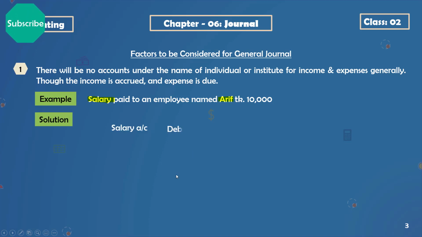So our journal must be salary account debit, cash account credit for taka 10,000. Because we never have to write the name of the individual or institution. Rather, we have to write the name of the expense or revenue. Here the name of the expense is salary, so we wrote salary account debit, and we know we pay any expense mainly through cash, so we credited cash account, and that's why the journal is recorded this way.